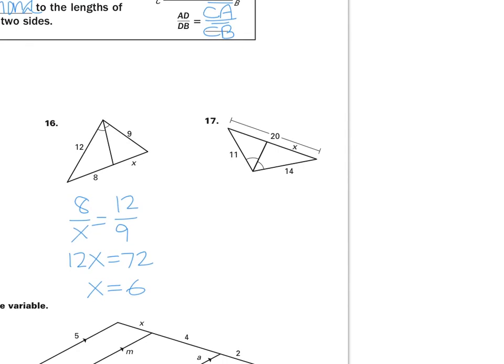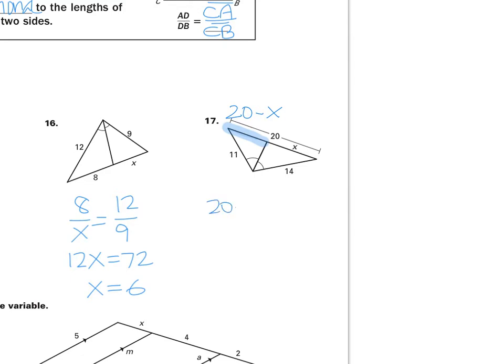Now in this case, you have to represent this segment here. Since you know the whole length and x is the other piece, the shaded region is 20 minus x.